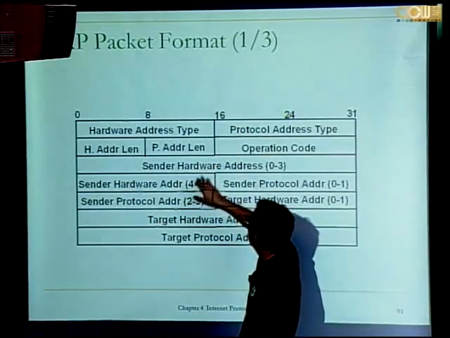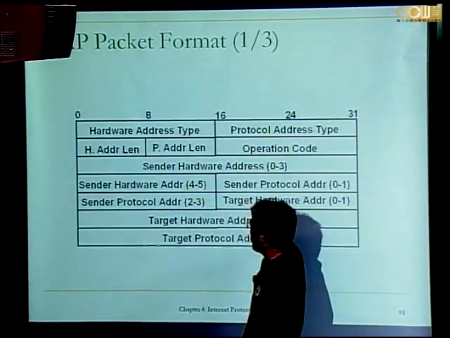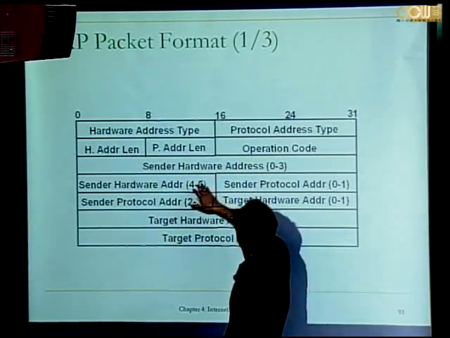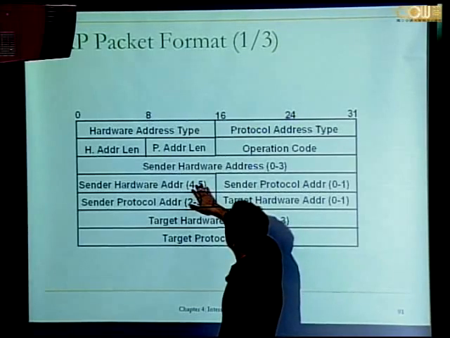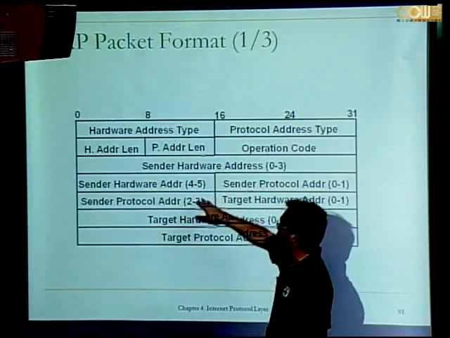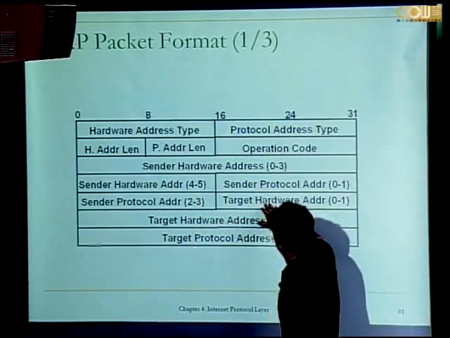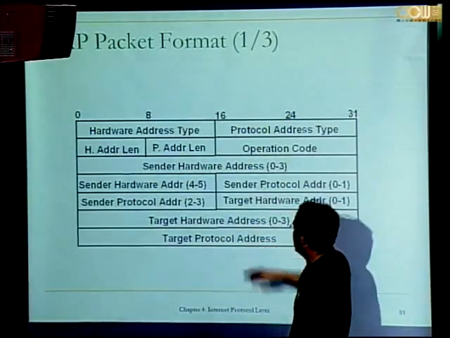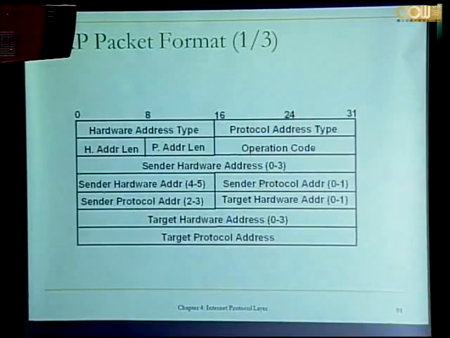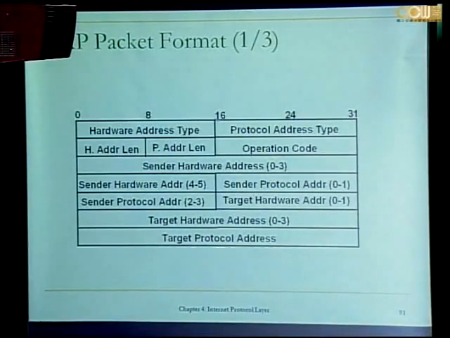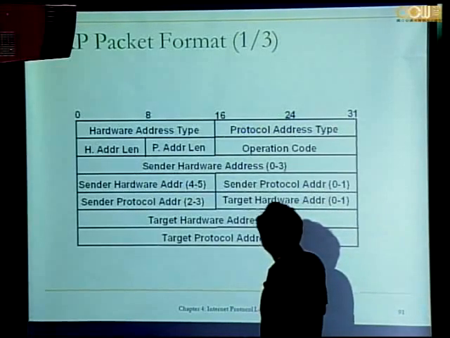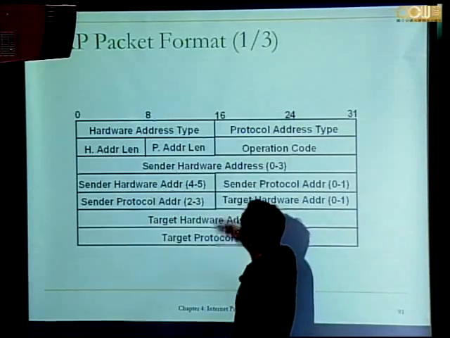This is 6 bytes, the MAC address, which is 48 bits long, but the IP address will be 32 bits long only. And then the target MAC address, and then the target IP address. So if I'm sending an ARP request, I would send my MAC address here.